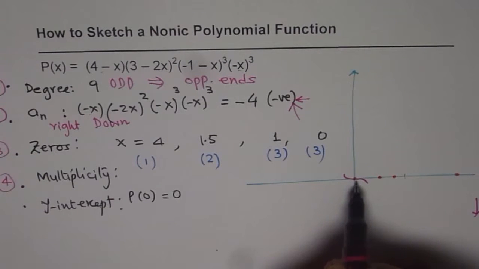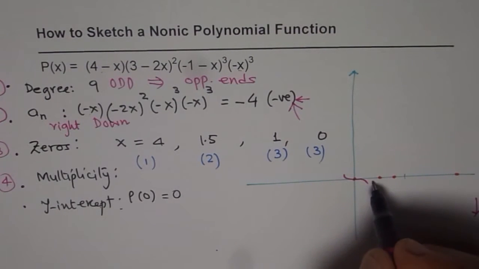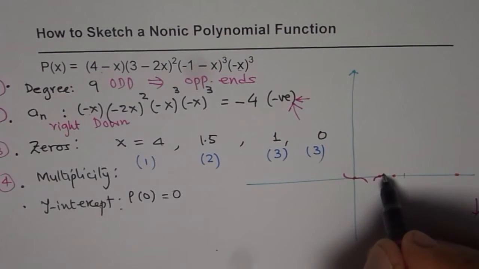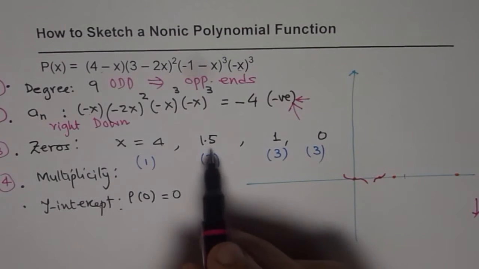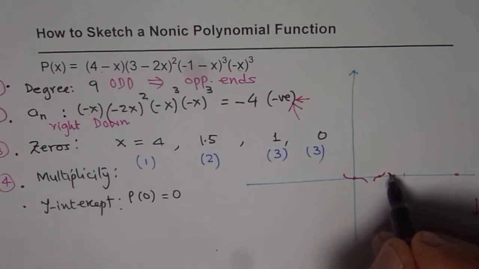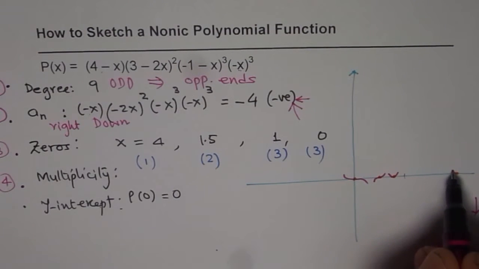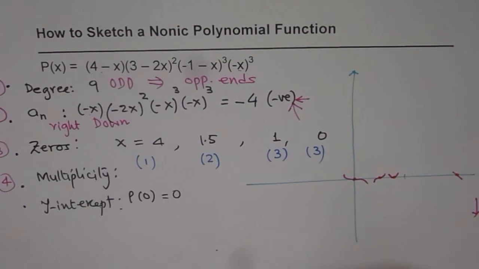That is very critical. Now we have one at 1. 1 is also cubic, so that also will turn like this. That is again cubic. 1.5 is the third one, which is a parabola, which will bounce back, and then we have a linear zero at 4, correct? So that is the shape.